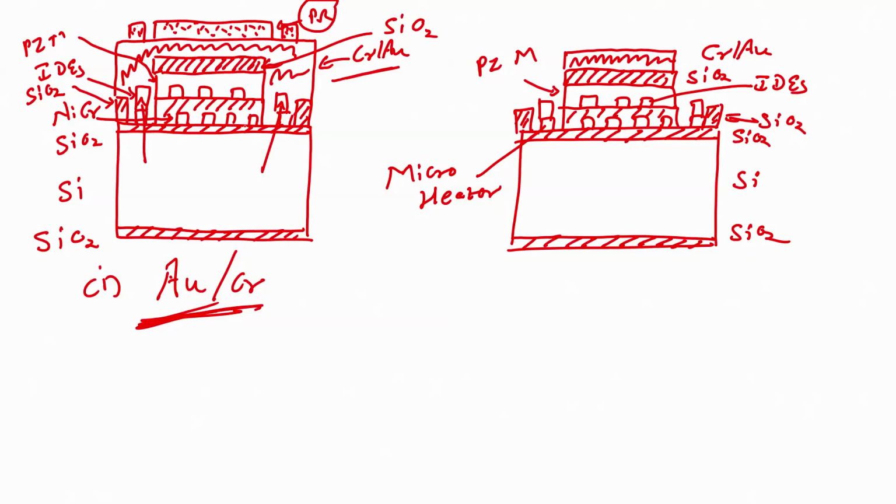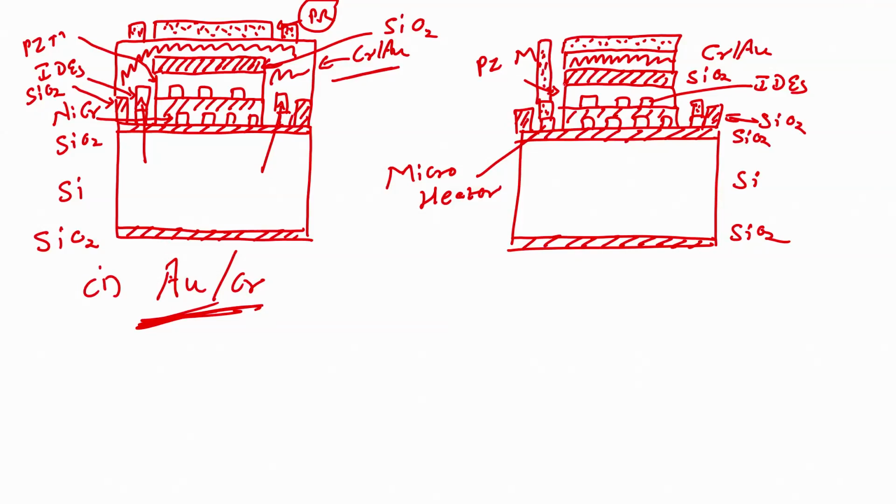And the region which is protected by photoresist, you can see here, you can save. This is your photoresist, right. This is your chrome gold, and over chrome gold there is a photoresist right over here, and probably right over here.